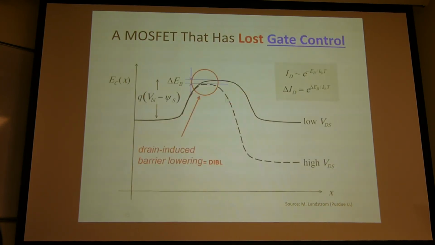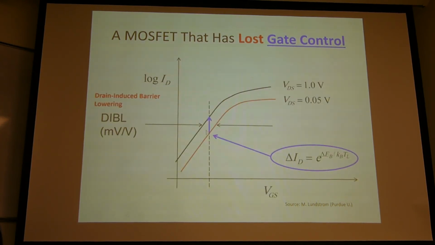But in reality, when you change the drain voltage here, this barrier top will also be reduced. That means the current will be larger because more electrons can jump over. So the off-state current will increase when you change the drain voltage from 0.05 to 1 volt. Because the barrier top is reduced by the drain voltage, the subthreshold current also increases.